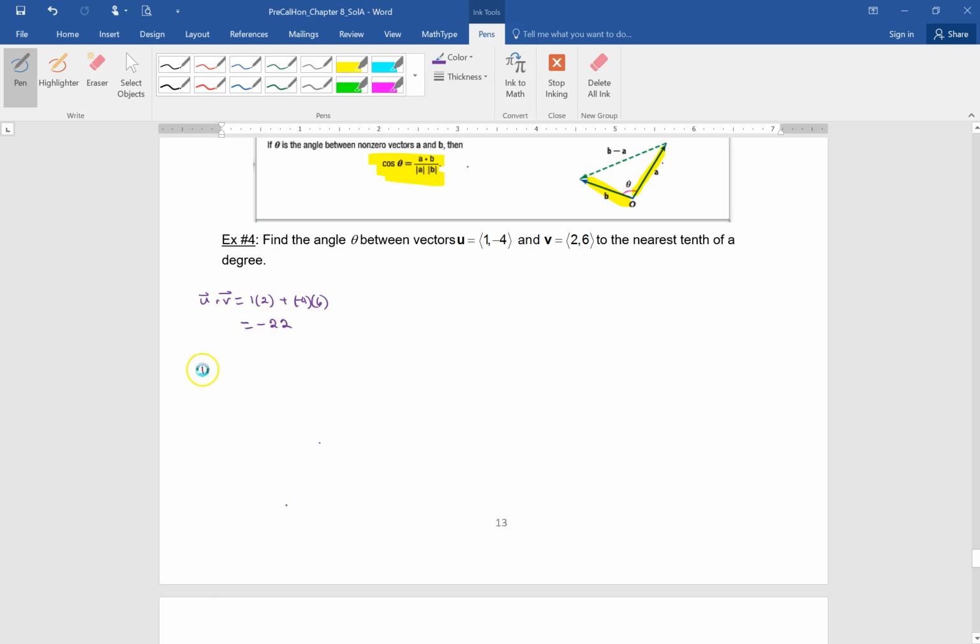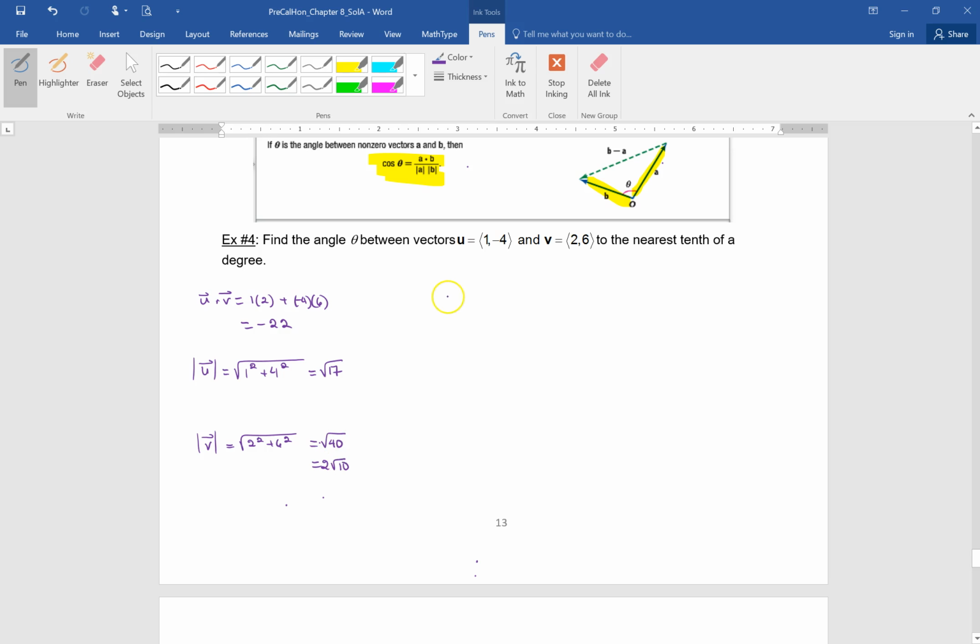I also need the magnitude of U and the magnitude of V. So how do I find the magnitude of U? It's the square root of 1 squared plus 4 squared, root 17. And this is the square root of 2 squared plus 6 squared, root 40, which is what these days? 2 root 10?